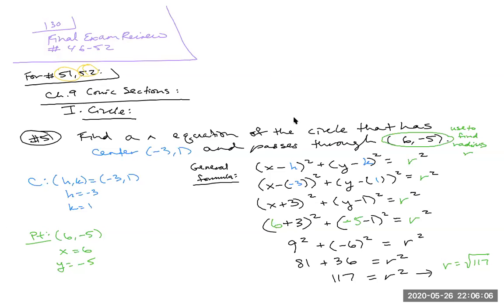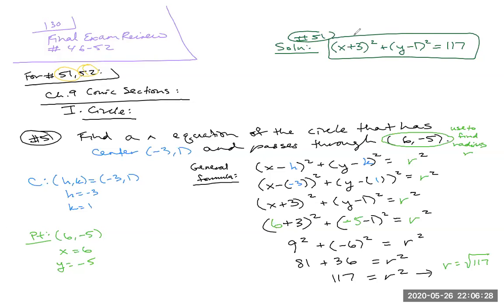So let's put our solution up top. The equation for our particular circle is (x plus 3) squared plus (y minus 1) squared equals 117. Let me save that and then clear this out.